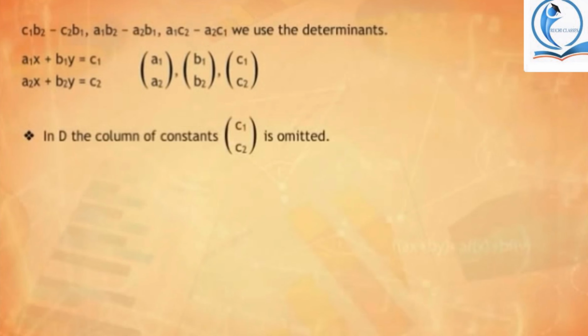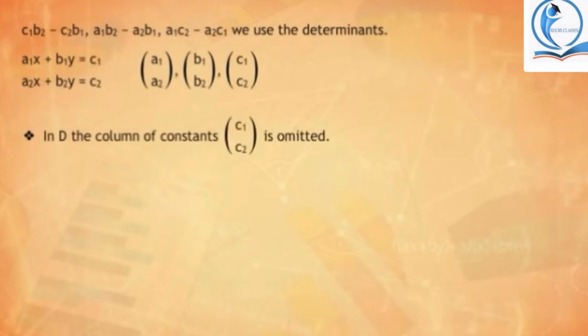From the equations a1x plus b1y is equal to c1 and a2x plus b2y is equal to c2, we get the columns a1, a2, b1, b2, c1, c2.